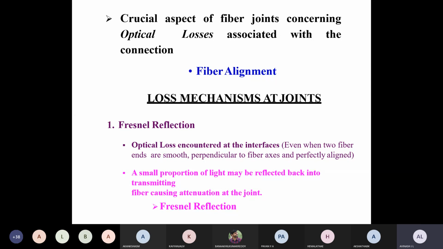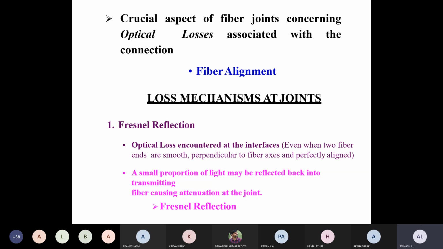This is about fiber alignment. When we talk about optical losses, we'll discuss the loss mechanisms at the joints, how exactly the losses happen.